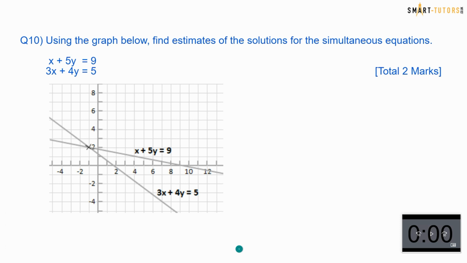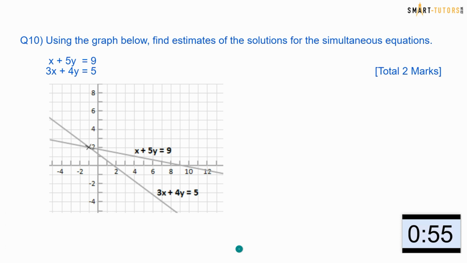Using the graph below, find estimates of the solution for the simultaneous equations x plus 5y equals 9, 3x plus 4y equals 5. So the graph is given. They are asking you to use the graph method to solve this simultaneous equation and find x and y. Let's start the timer.